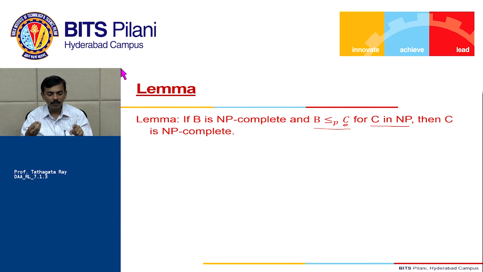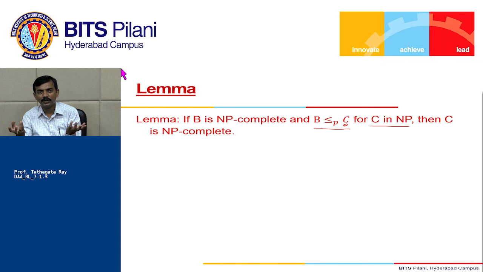So now what it is saying is, if I know a particular problem B is NP complete and B is polynomial time reducible to C, and of course C is in NP, then C is NP complete.